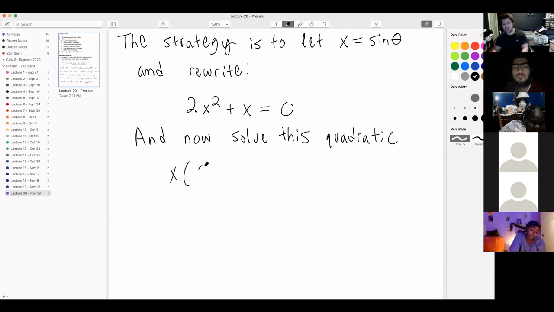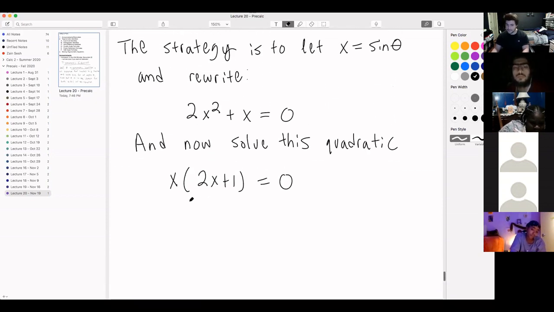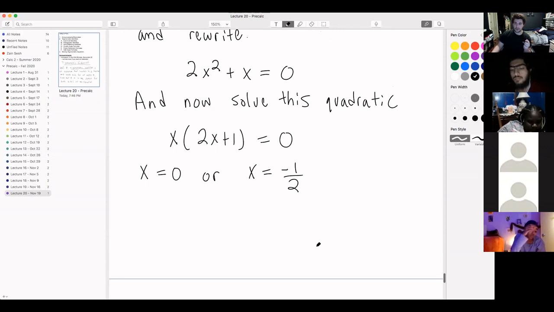This is x times 2x plus 1 equals 0. Use the zero product property. So this gives us solutions as x equals 0 or x equals -1/2.